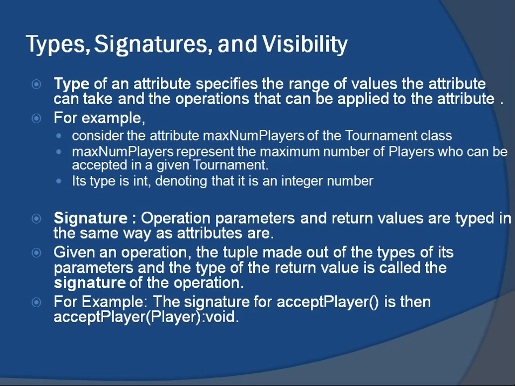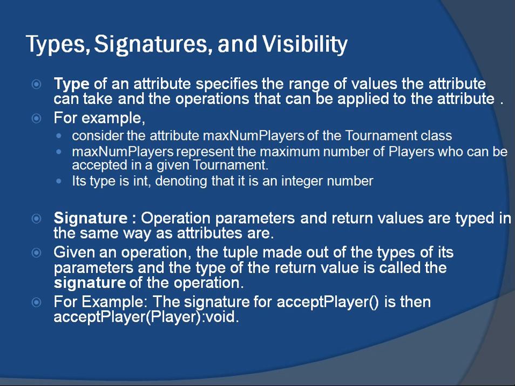Now the next point here is type, signatures and visibility. By type, we mean an attribute that specifies the range of values the attribute can take and the operations that can be applied to the attribute. For example, consider the attribute maxNumPlayer for a tournament class.